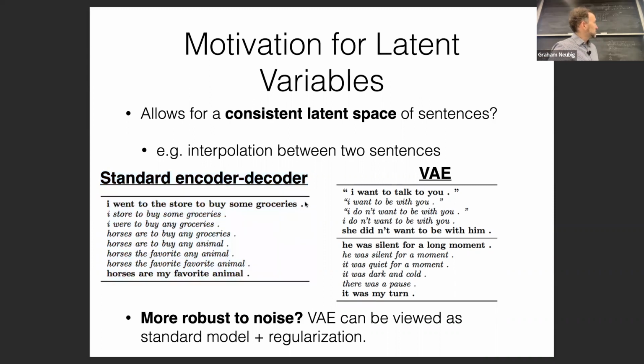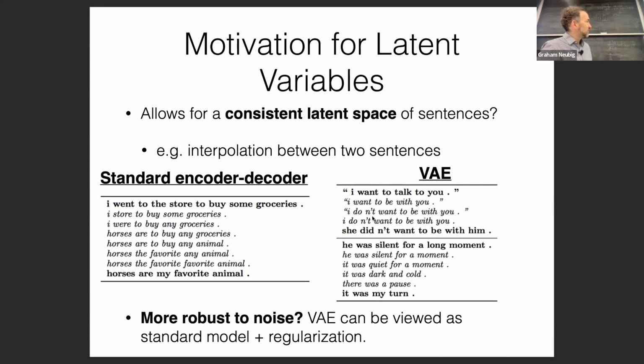So what they tried was to train a standard encoder-decoder and then take two sentences and interpolate between them, moving the representation from one to the other. Here you can see it starts out with, "I went to the store to buy some groceries," and ends up with "horses are my favorite animal." In the middle, it's "horses are to buy any groceries," or "horses are to buy any animal," kind of unnatural sentences. Whereas here, it starts out with "I want to talk to you," and "she didn't want to be with him."